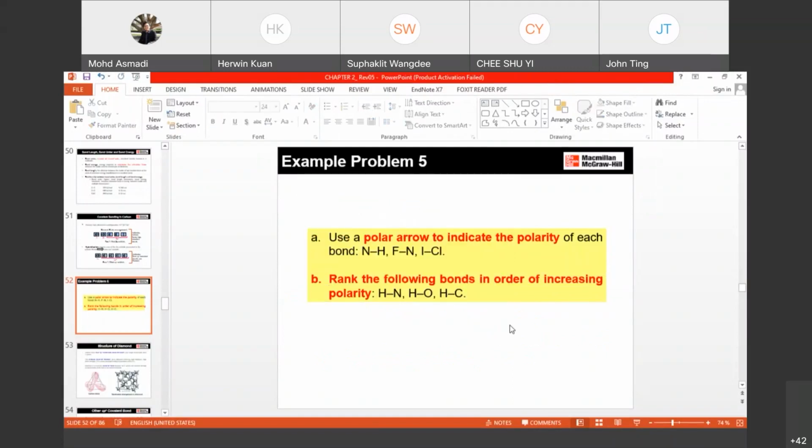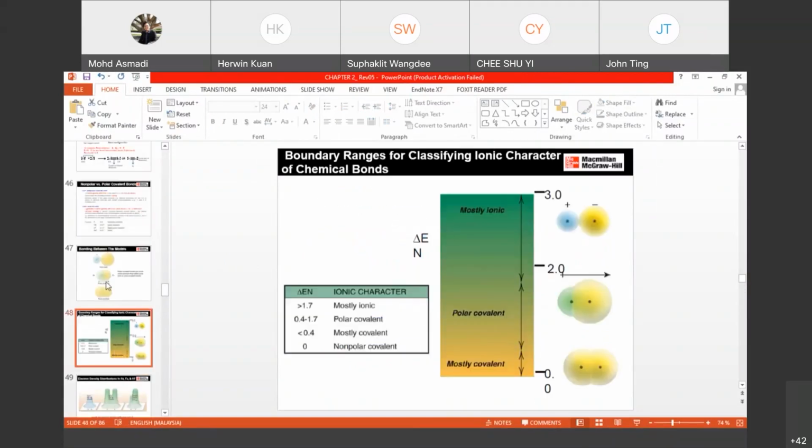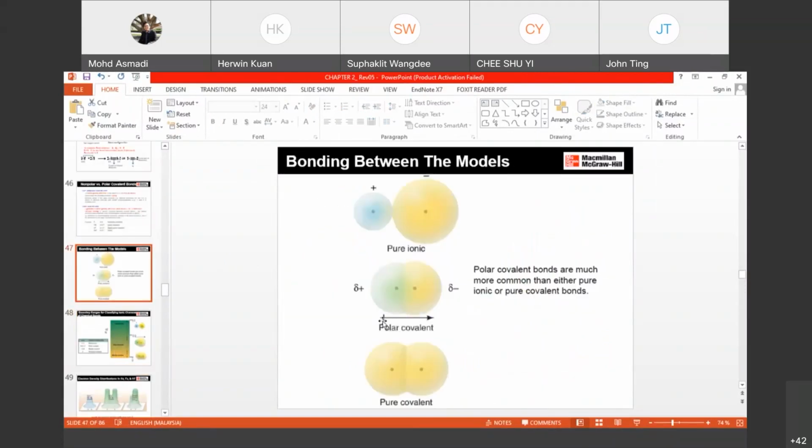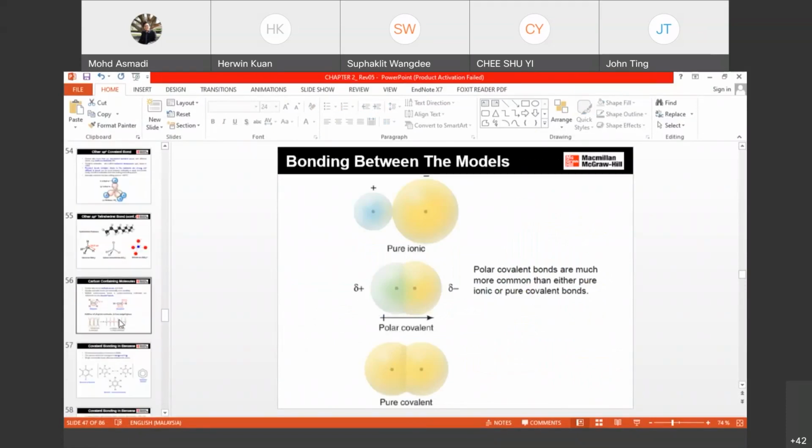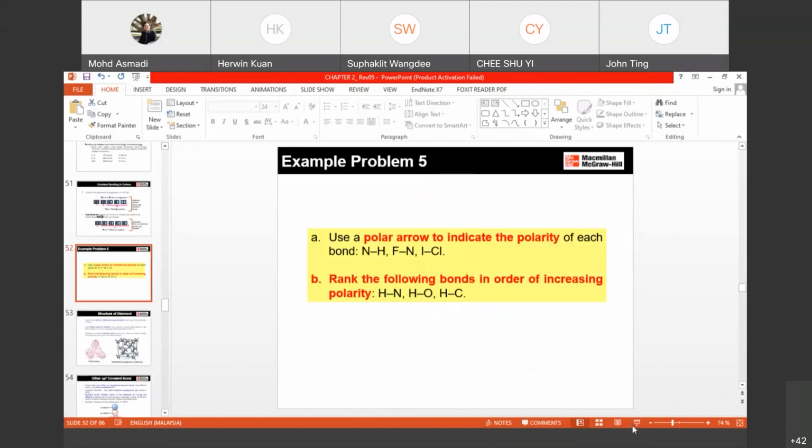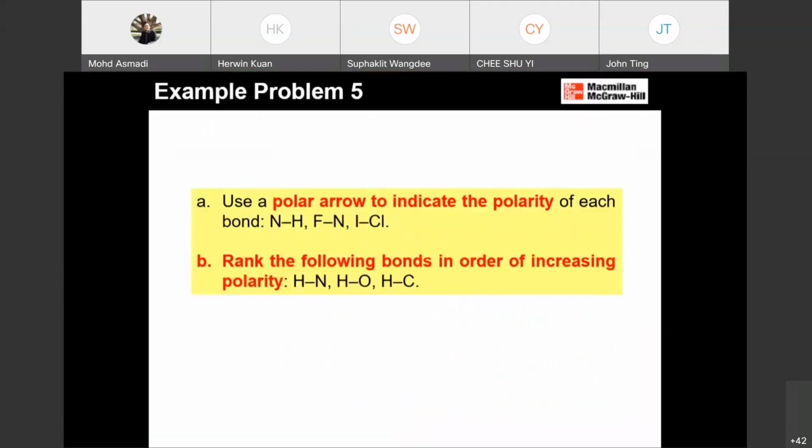Okay, the polar arrow is this one. I think you still remember this one. This is the polar arrow. Okay, I give one example, example 5.